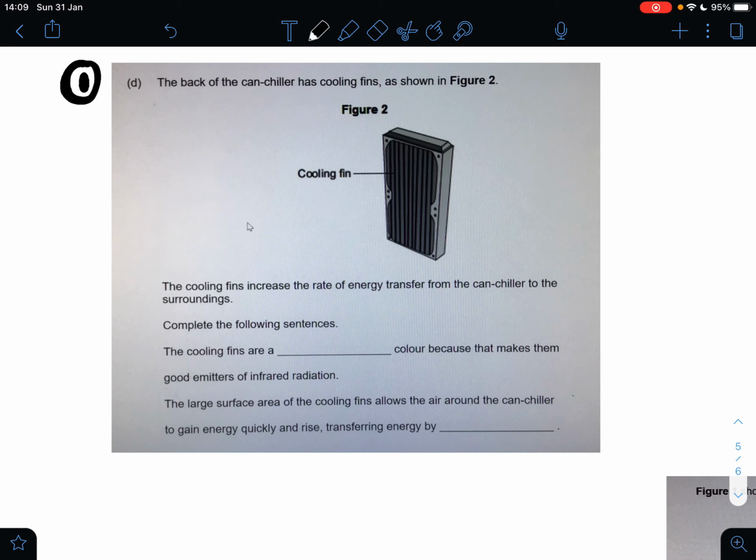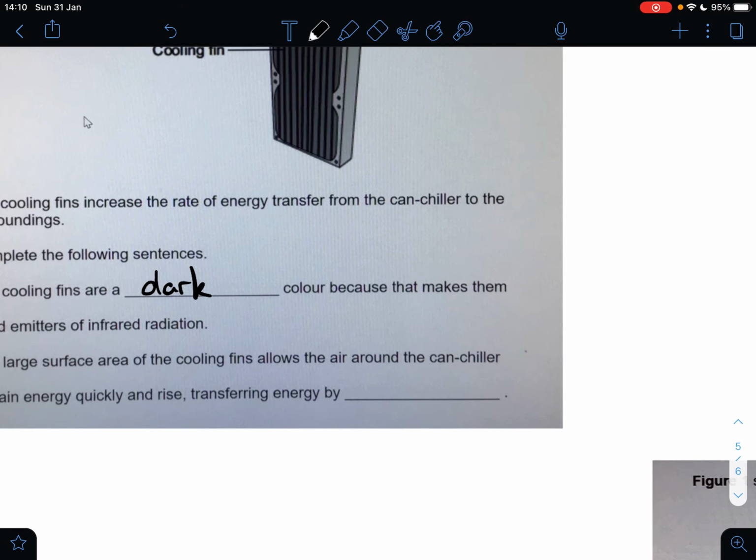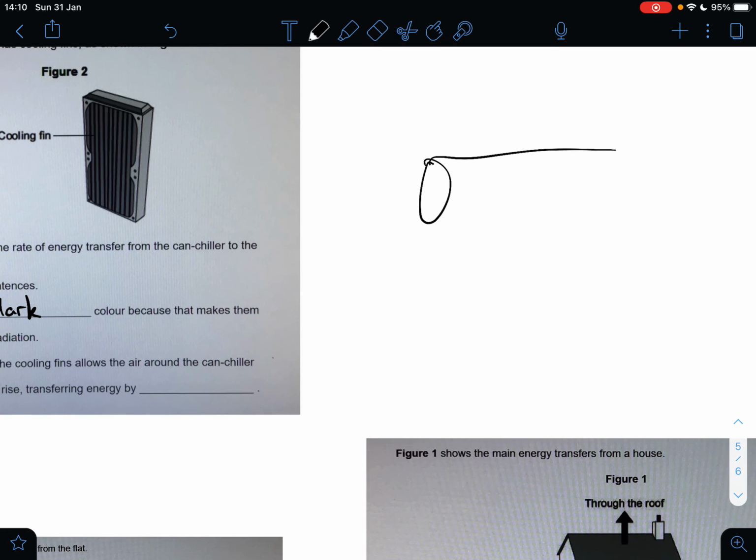So we would say they are dark because they are good emitters of infrared. The large surface area of the cooling fins allows the air around the can chiller to gain energy quickly and rise, transferring by, now this we can do. So what they're saying is they've got the equivalent of a metal bar.